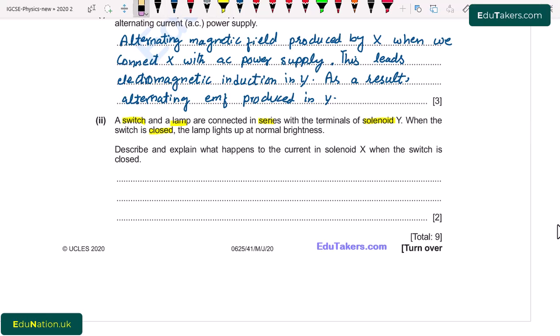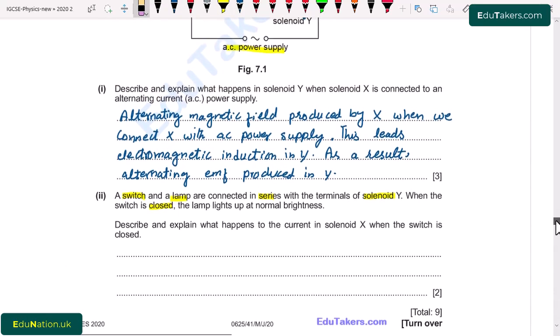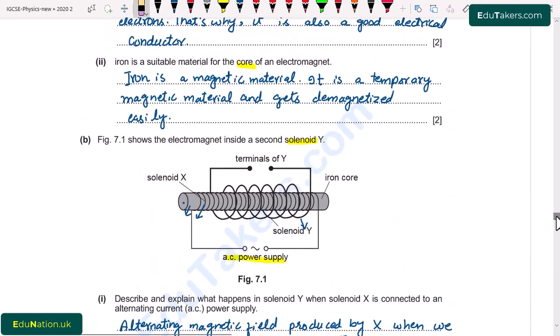So you can see in the circuit, here is a circuit, and this is the AC power supply. You have to connect it here, switch plus lamp that are in series. So what will happen if we put switch and lamp in series?